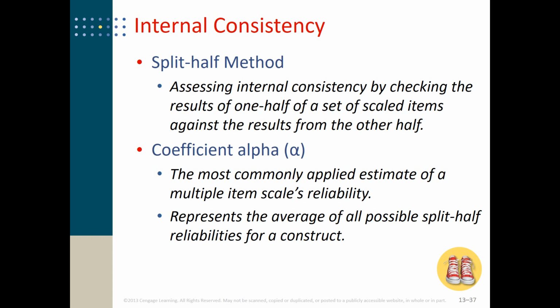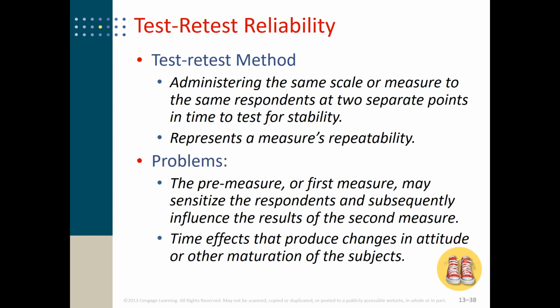A rule of thumb is that if this coefficient alpha is greater than 0.8, that indicates good internal consistency of the measurement scale. Also, we adopt the retest method to check reliability. For example, we survey the same respondents twice, in different contexts, at different points in time, to check if we get the same result or not.